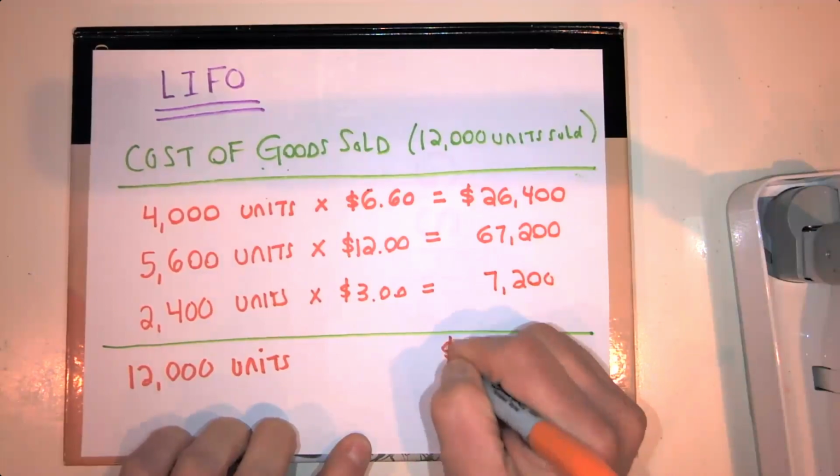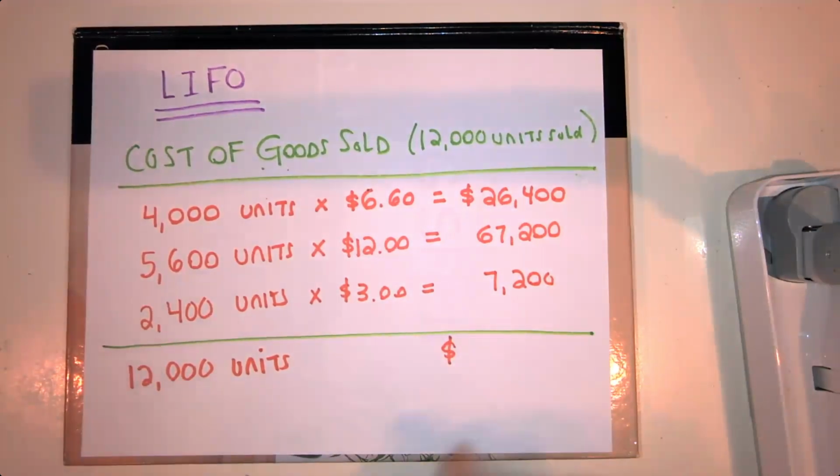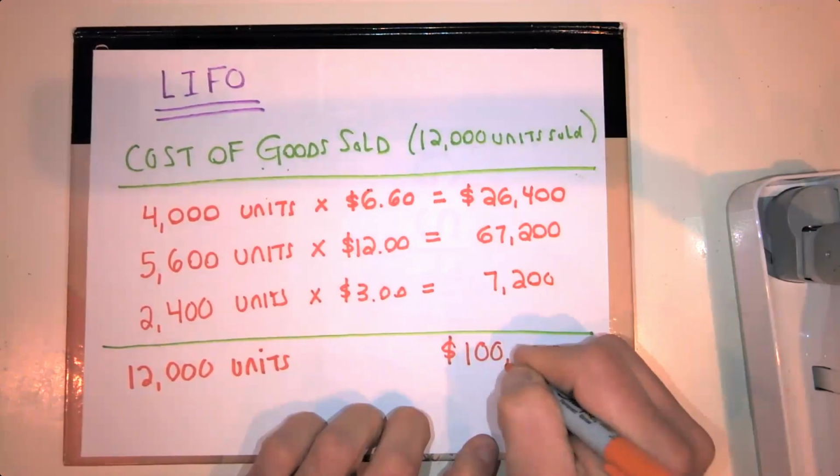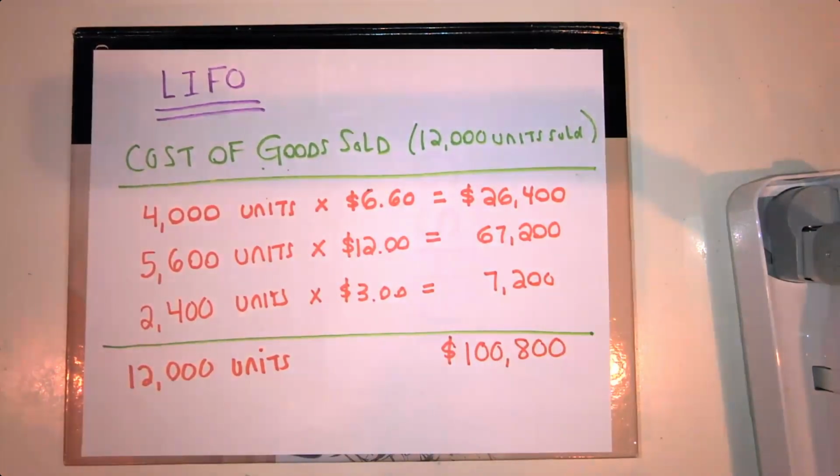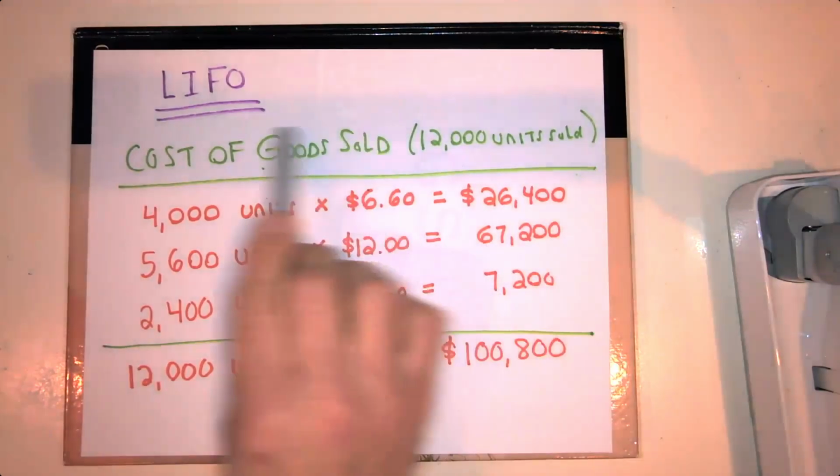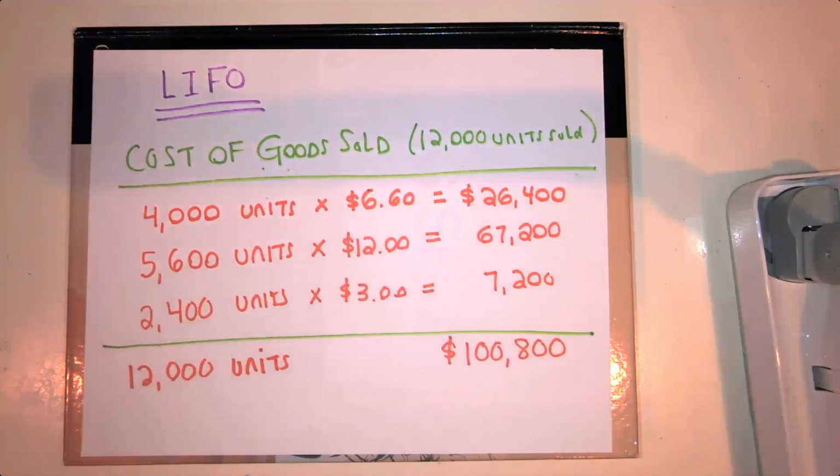Under LIFO, our cost of goods sold, $100,800. We're going to need that in requirement 6. Before we tackle it, any questions on what I did there?